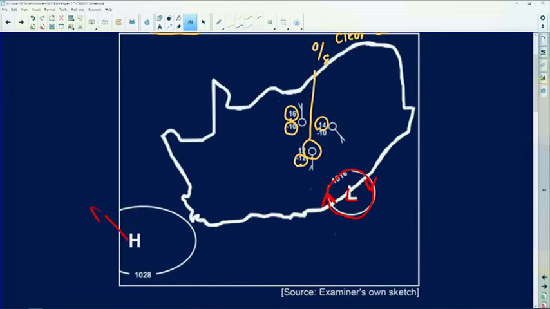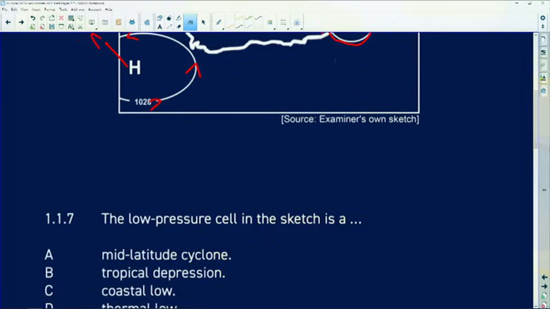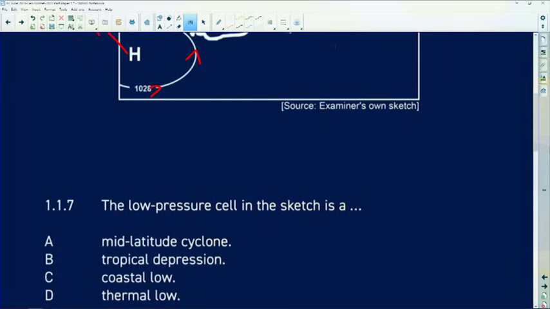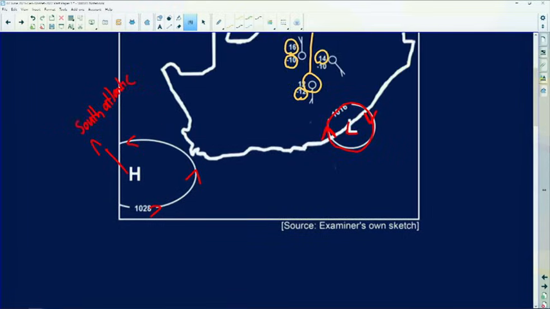Once again, we have the South Atlantic high pressure situated over here. Remember, anti-clockwise circulation of air taking place. Now let's have a look at our question. 1.1.7, the low pressure cell in the sketch, as I mentioned a couple of seconds ago, is a coastal low pressure.